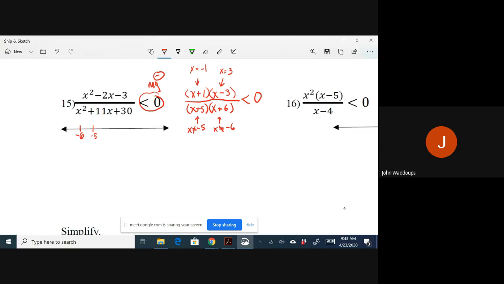Then we've got -1. And I realize it's not drawn to scale, but we get the idea. -1, and then just for reference, we'll put 0 in here. And then we've got 3.